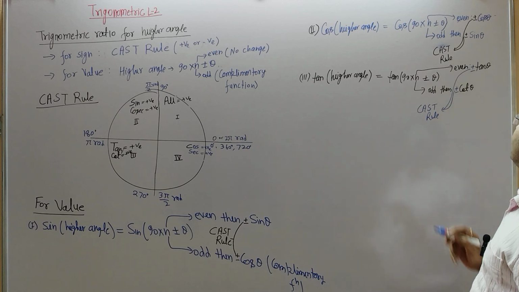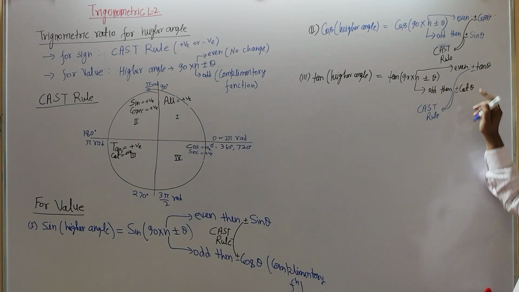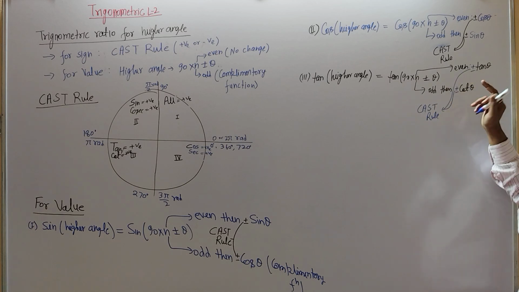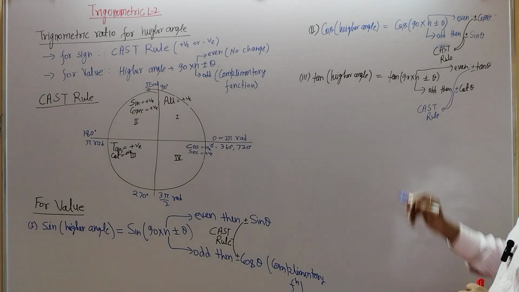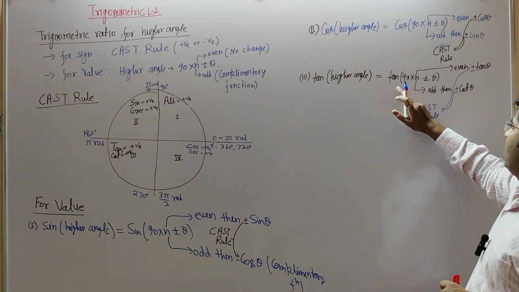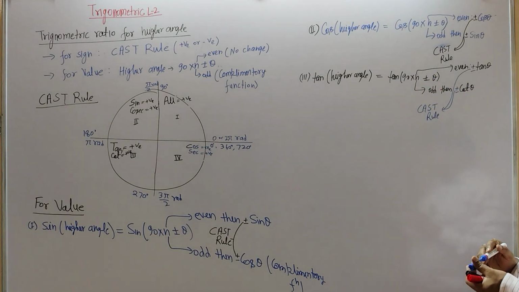So this is how you can define it. If n is even or zero, then don't change: tan stays tan, cot stays cot, cos stays cos, sin stays sin. Whatever the trigonometric ratio is, it remains the same. If n is odd, it converts into the complementary function.